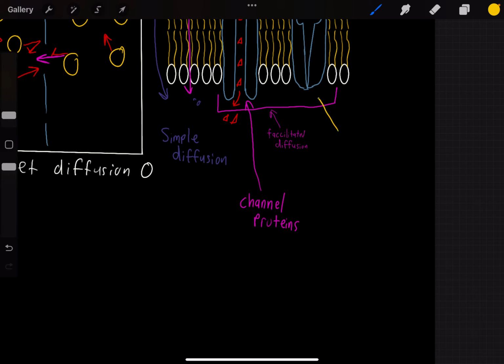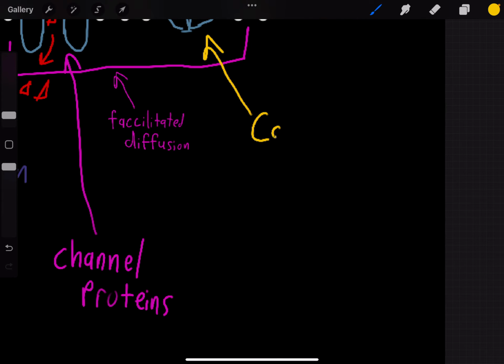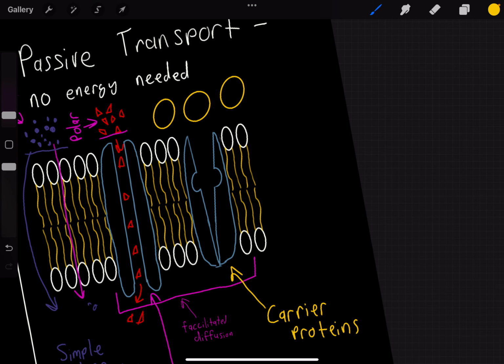Now we have another one called carrier proteins. I do not know how to spell carrier proteins. You have a large molecule that could also be polar.